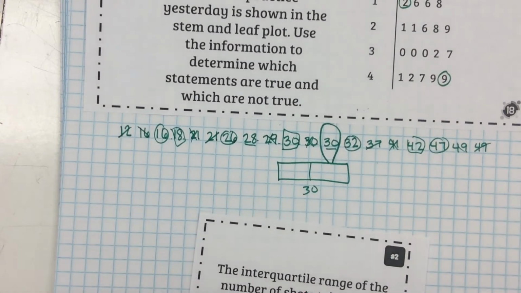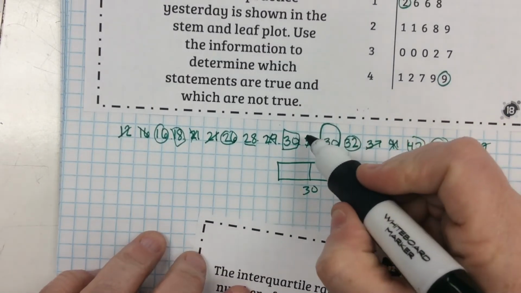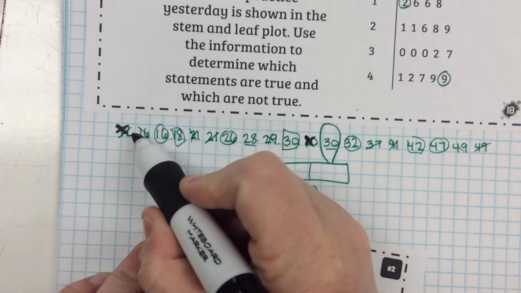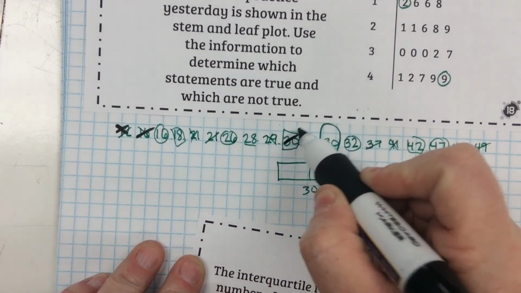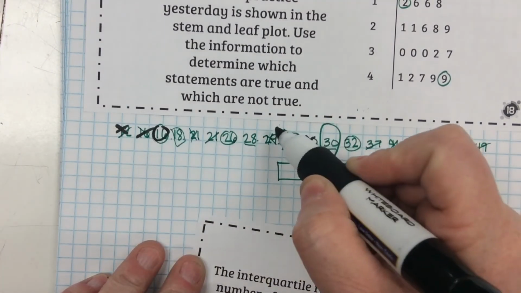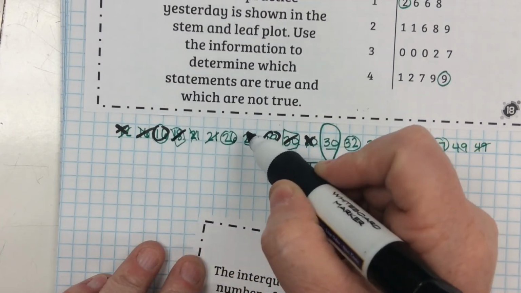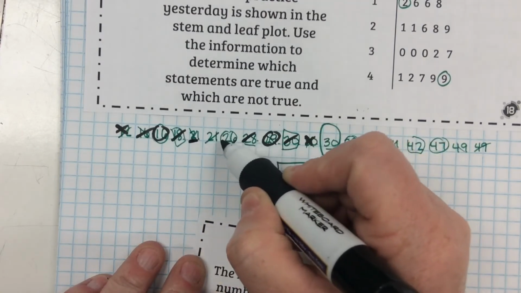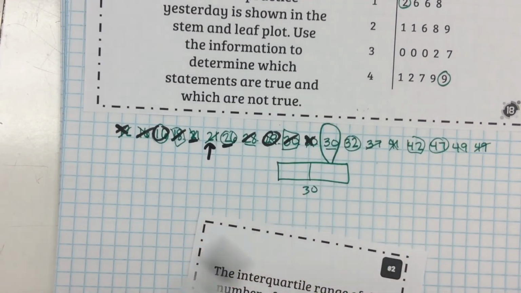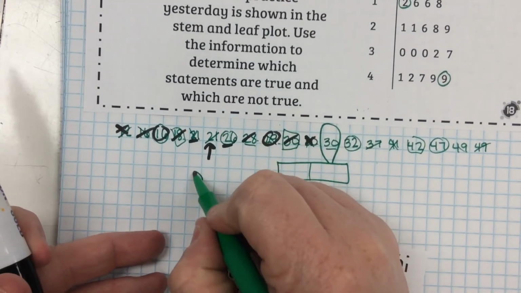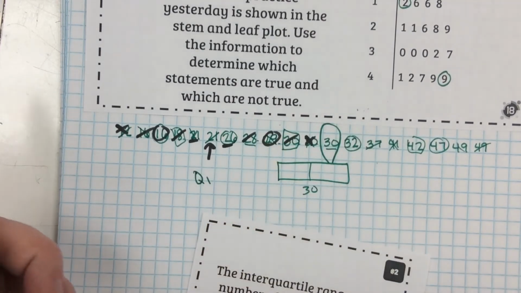I know it's kind of hard because I've already made marks on them, so I'm just going to use a different color now and mark them out, okay? Hope it's not too confusing, because I do have different colors and layers now. Okay, so now my quartile 1 is a 21. My quartile 1 is a 21.